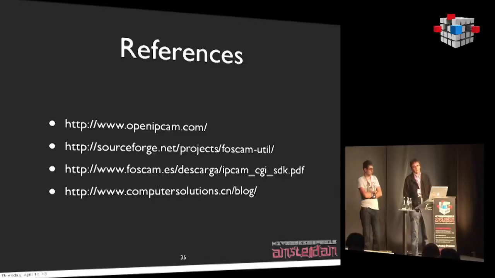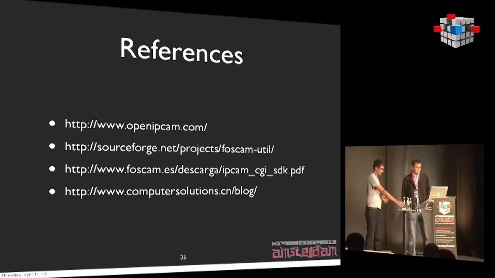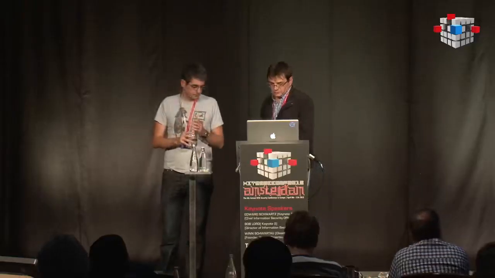OpenIPCam has a lot of very useful things, but you have to have physical access to the camera and to the serial port. There are several tools available as well, and a CGI SDK is also available from Foscam. And that's pretty much it.